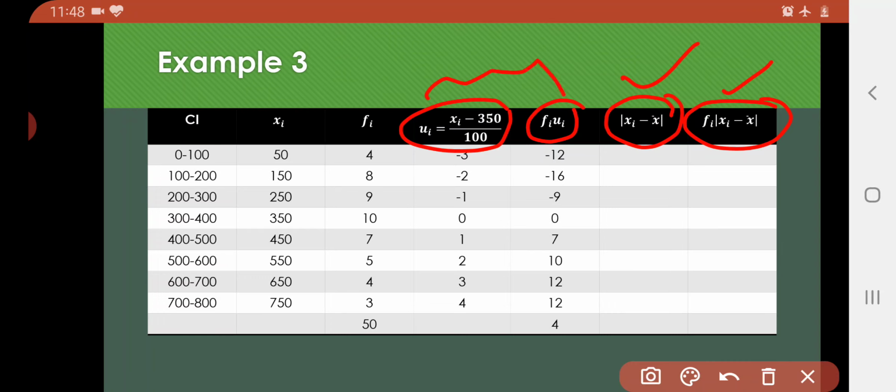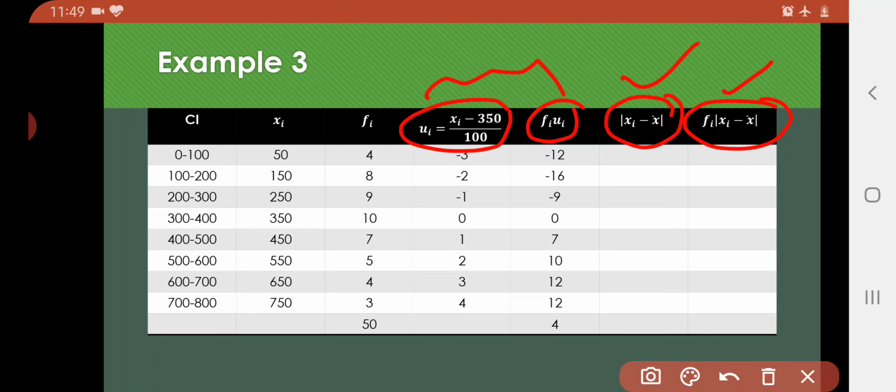There was no hard and fast rule until and unless it is mentioned in the question that you have to use step deviation method or assumed mean method. But otherwise, if nothing is mentioned, you are free to use any method you want. But always remember that using step deviation or assumed mean method helps you to make your calculation easier.